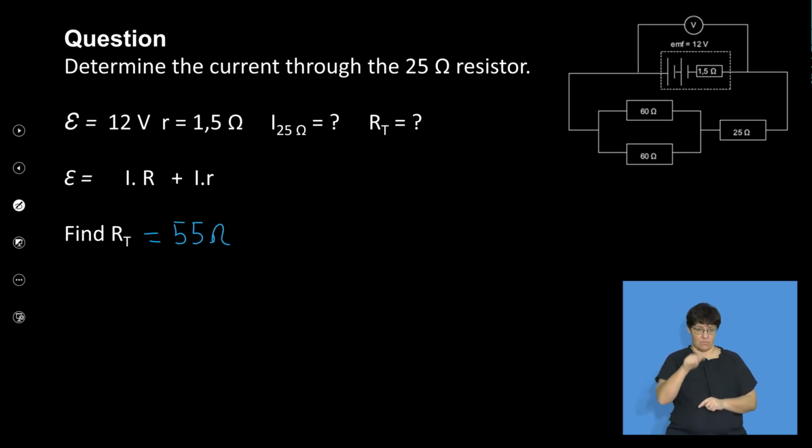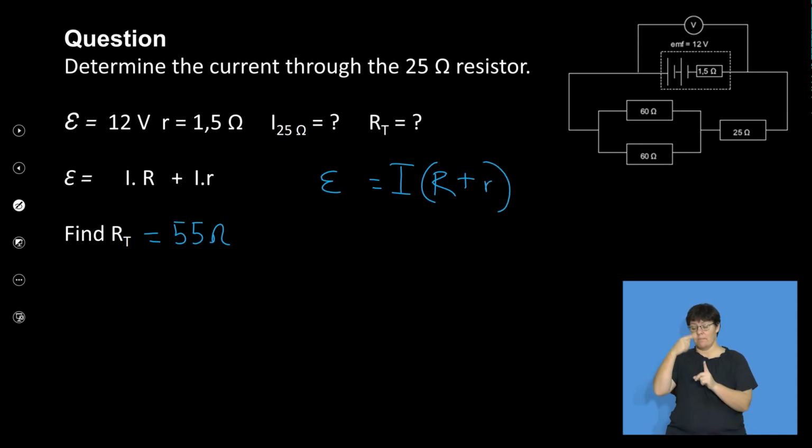The equation says E is equal to I, the total current, times the external resistance, which is in series with the internal resistance of the battery. We have all these values except for the current that goes through the 25 ohms, which is the total current. Our E is 12.